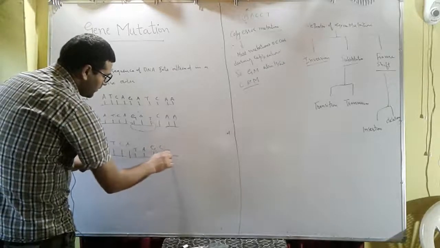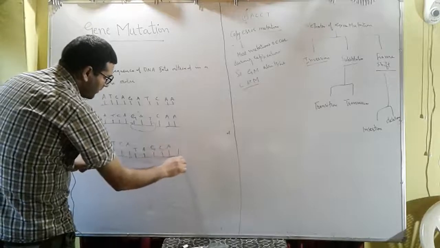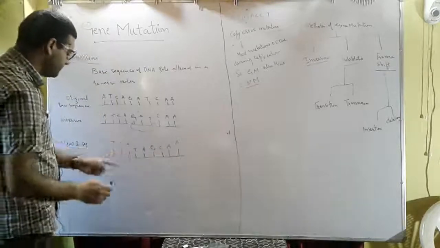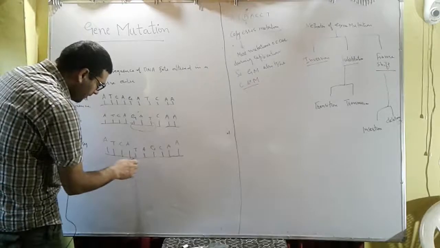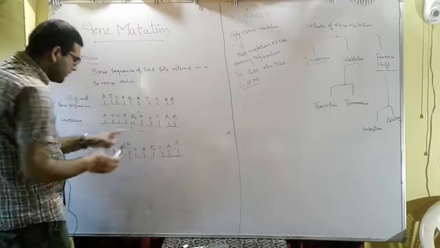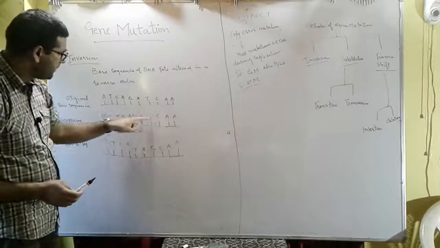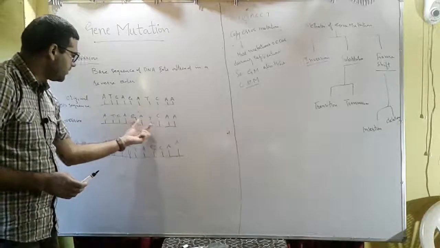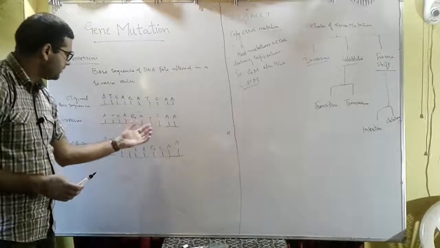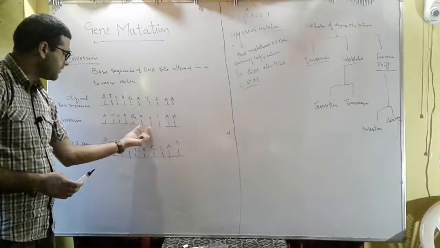Then C, A and A. It means the sequence was A, T, C, A, G, A, T. Now because of the inversion, this DNA segment has inverted.